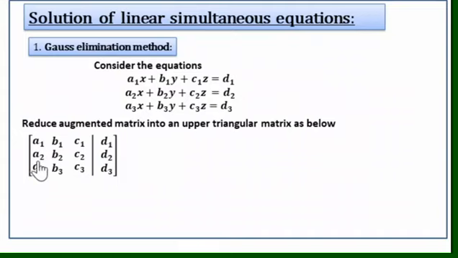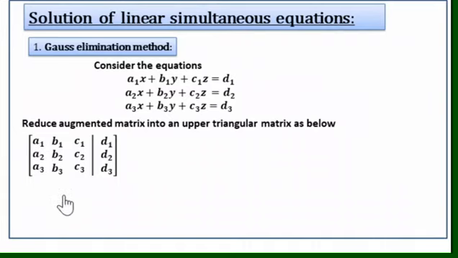So this entry A2 can be made 0 by multiplying second row element A2 by A1 and then subtracting A2 times first row element A1. Similarly, this entry can be made 0 by multiplying third row entry A3 by A1 and subtracting A3 times the first row element A1.